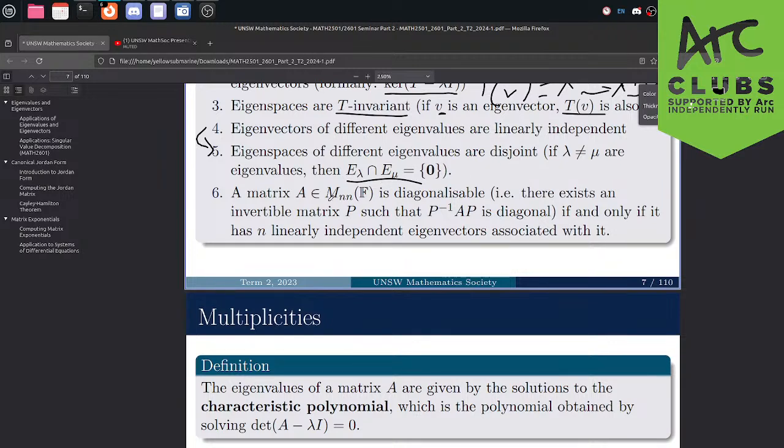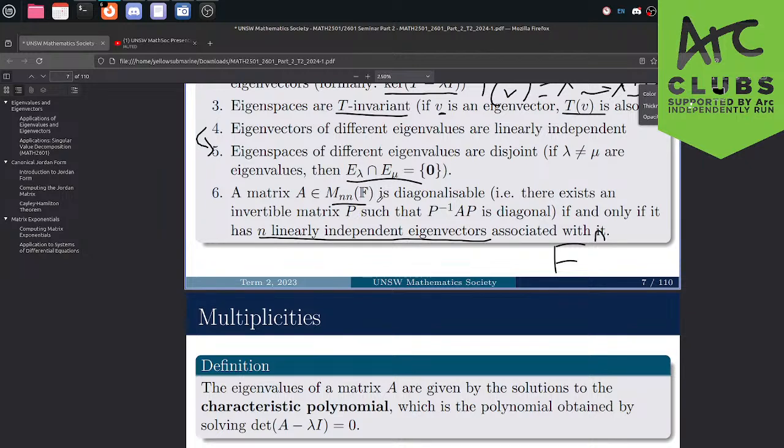A square matrix A on F^n is diagonalizable if and only if there are n linearly independent eigenvectors. That is to say, if you have a set of eigenvectors which span the entire space F^n, then this matrix is diagonalizable.